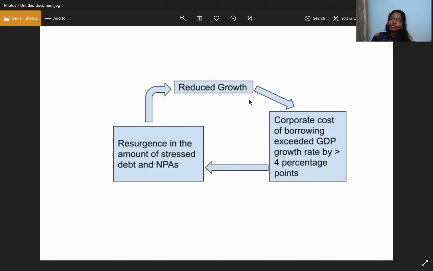And this loop goes on, reduced growth will in turn put more pressure, more stress, and this stress will further reduce the growth of the economy. So this was a very dangerous vicious loop which India was facing at that point of time.